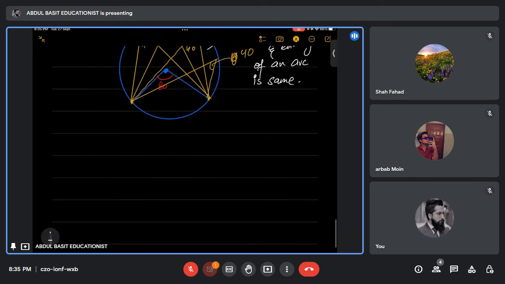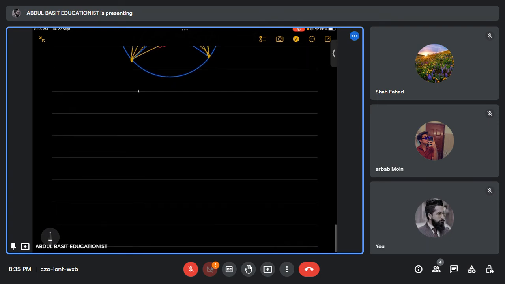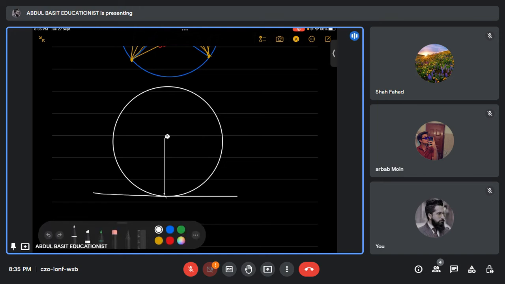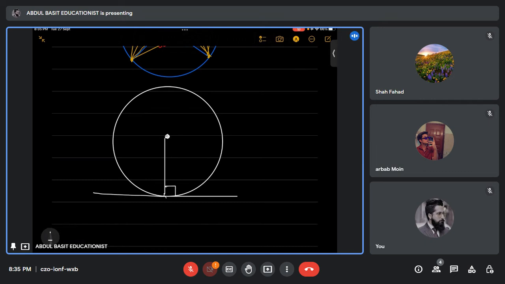Okay, then proceeding forward, this is a circle, this is my center, this line is a radius, and the next theorem is all about the radius and the tangent. For example, this is the tangent line. We call this line a tangent line. The angle they make is always 90 degrees.